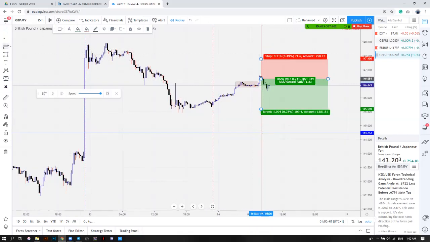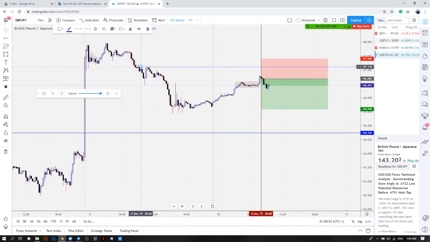So stop loss goes just above old highs. Let's see what the market actually did. So everyone says sell. Let's see what the market does.